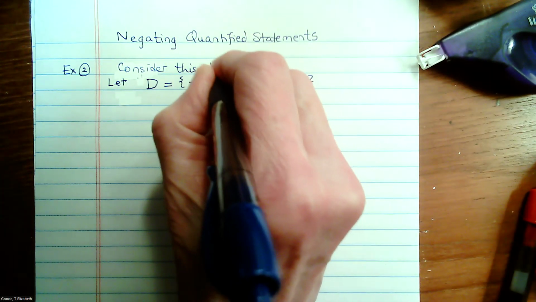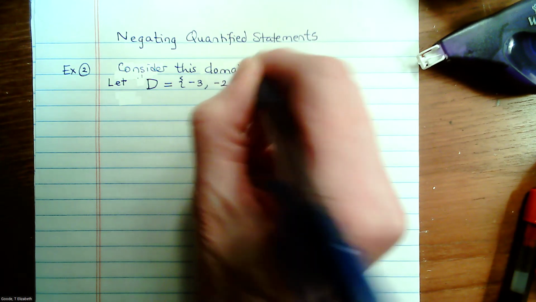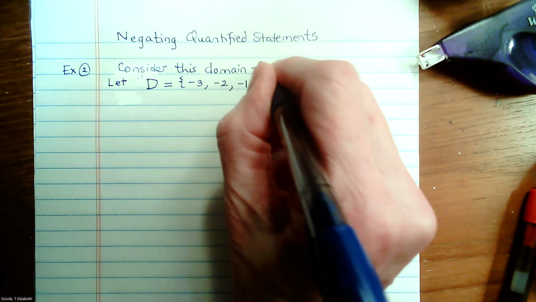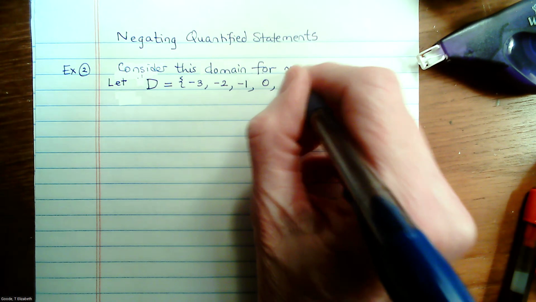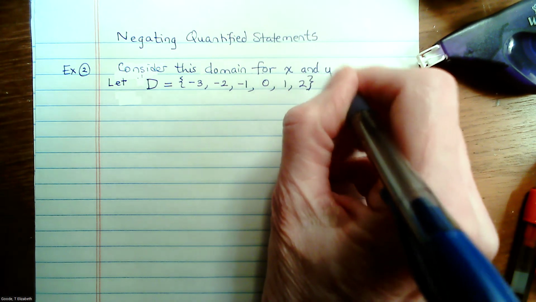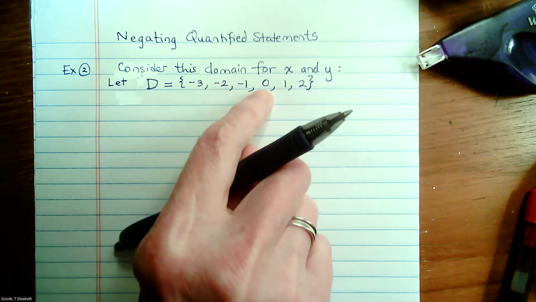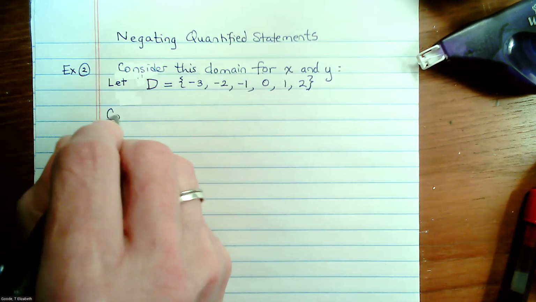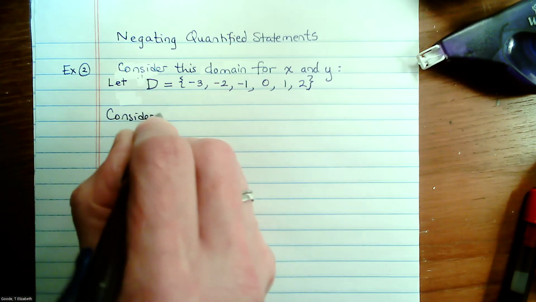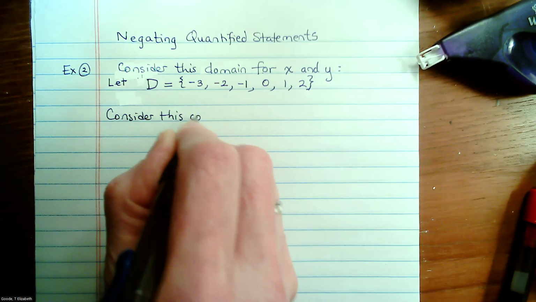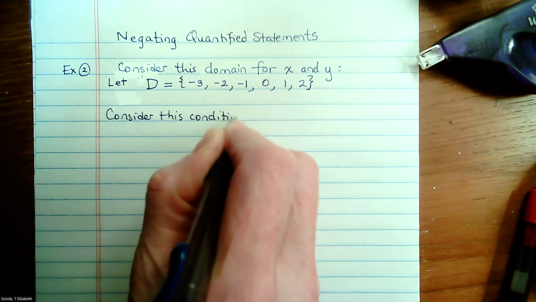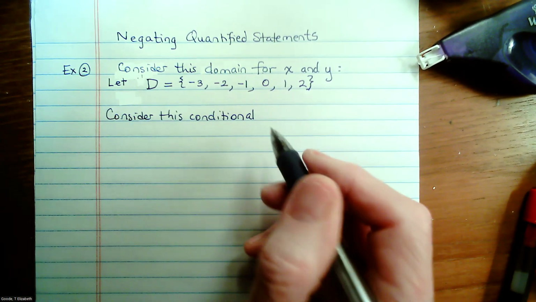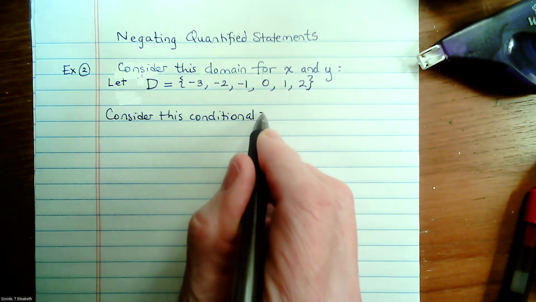Consider this domain D, for X and Y. We'll let X and Y both be in D. Now consider this conditional. We can do a sneak preview into tomorrow, actually. All right.